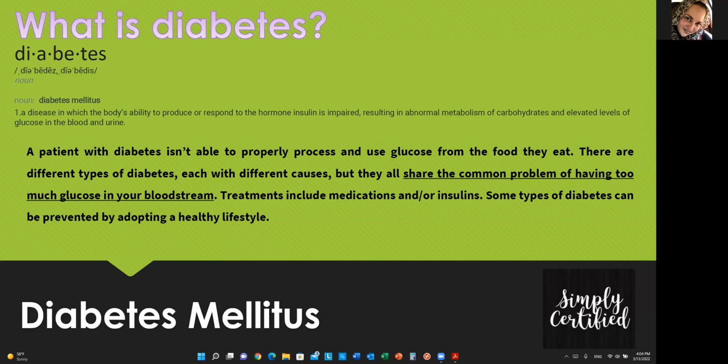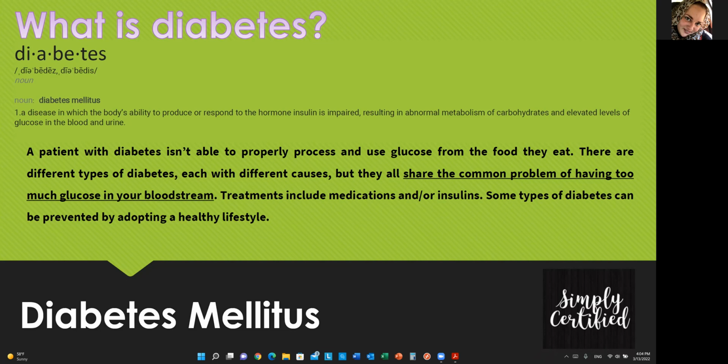So what does that really mean? A patient with diabetes isn't really able to properly process and use glucose, which is blood sugar, from the food they eat. Like if you eat a banana, it's full of sugar, right? A patient with diabetes isn't able to process it right.